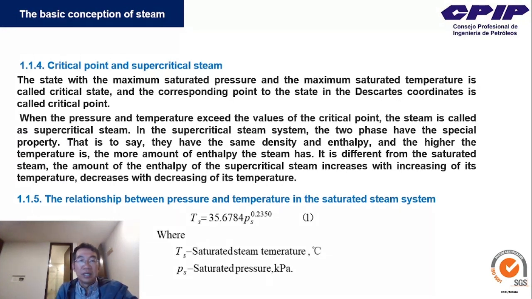Critical point and supercritical steam. The state with the maximum saturated pressure and the maximum saturated temperature is called the critical state, and the corresponding point to the state in the Cartesian coordinates is called the critical point.